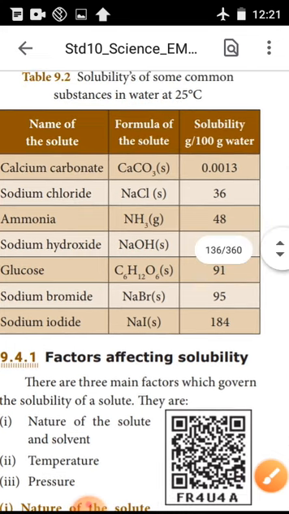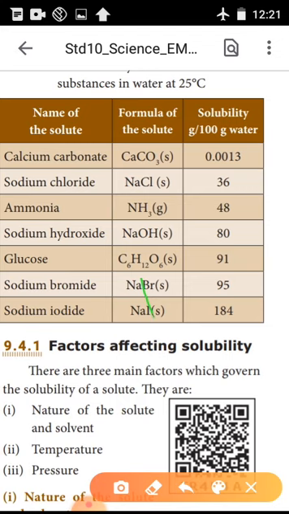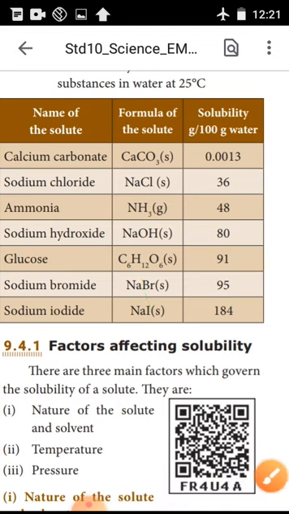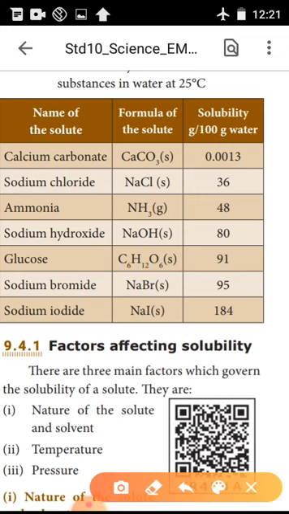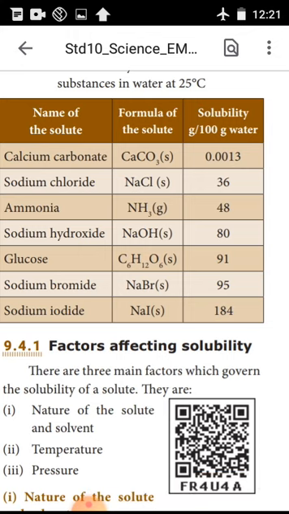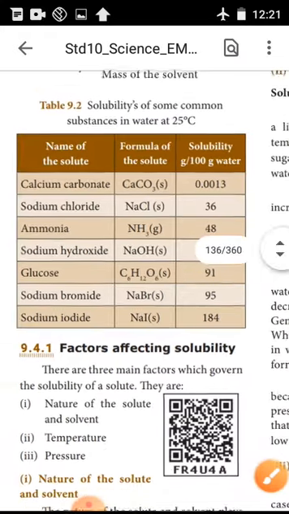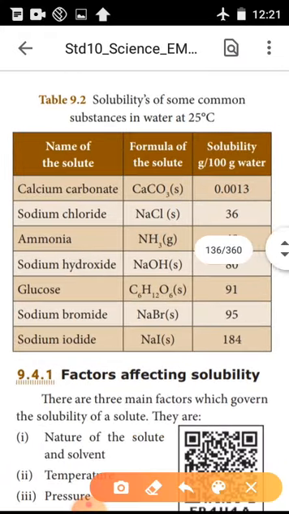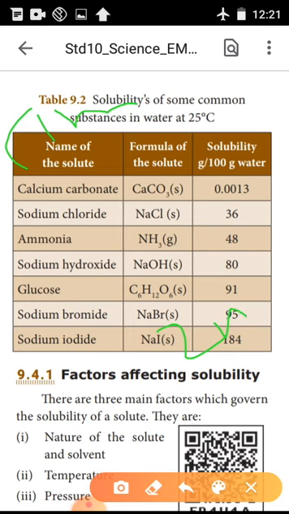C, carbon. Hydrogen. O, oxygen. The next one, sodium bromide. Na, sodium. Br, bromine. The next example, sodium iodide. Na is sodium. I, iodine. Okay students, this tabulation is very important because they ask 1 mark and 2 mark questions.